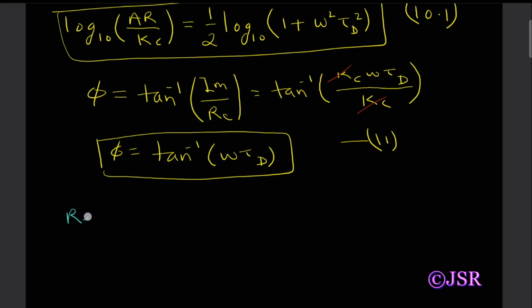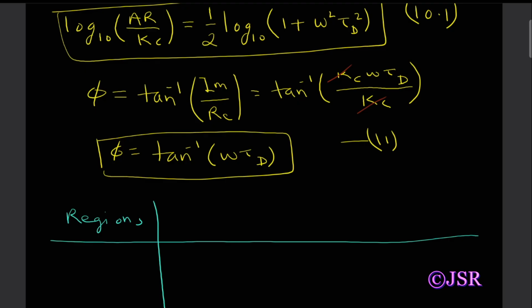So again here we will have three regions. We will find out AR by Kc in each region and the corresponding phi value for each region.